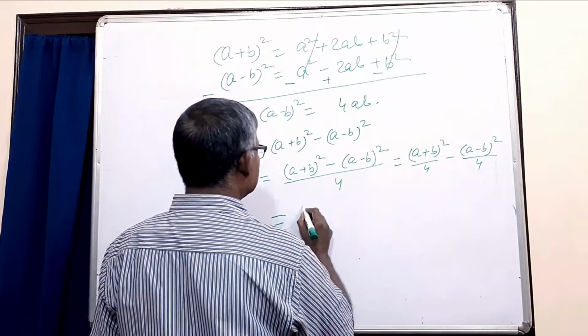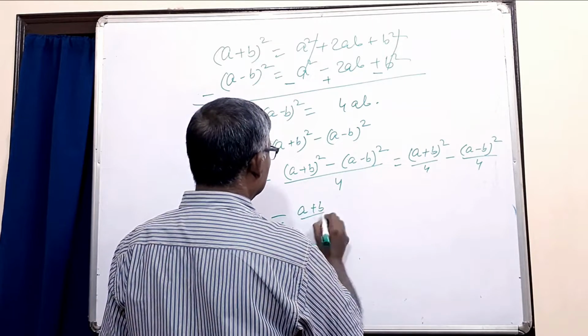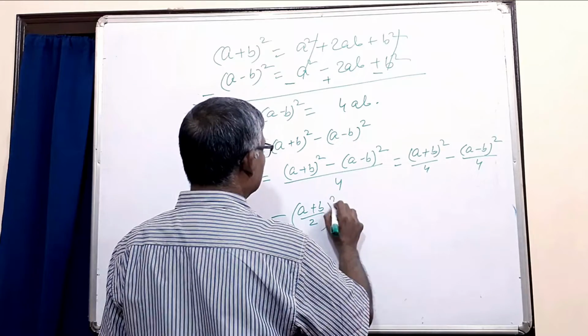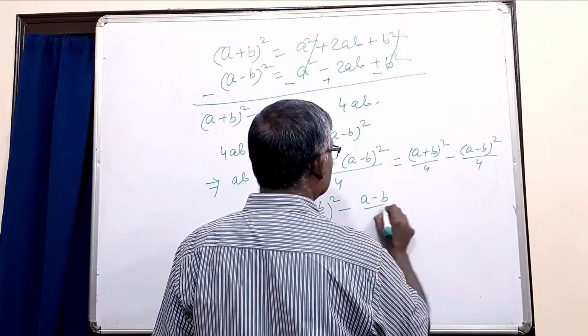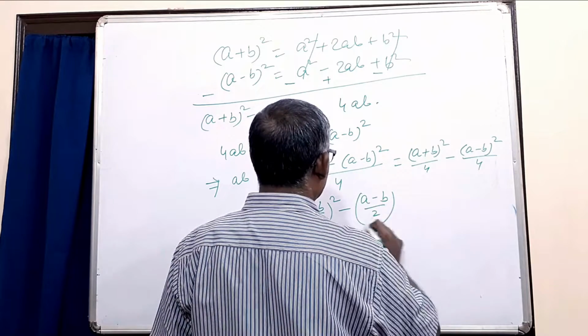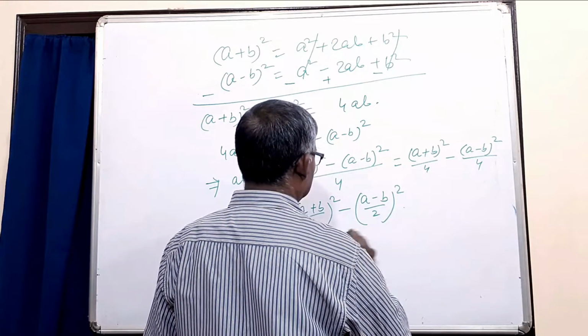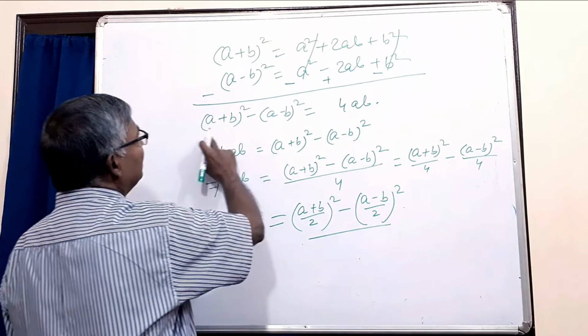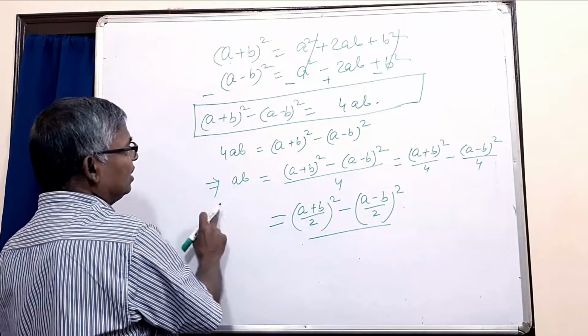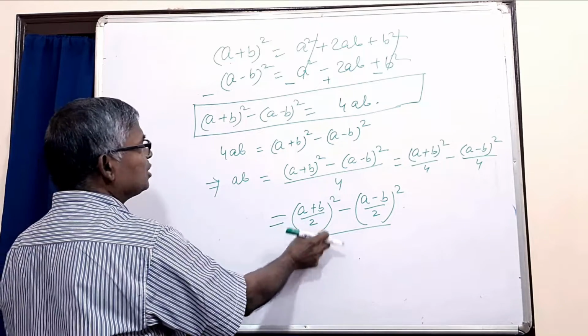It will be written as a plus b by 2 whole square minus a minus b by 2 whole square. It is the deduction of this formula. After deduction we can write it in this form also.